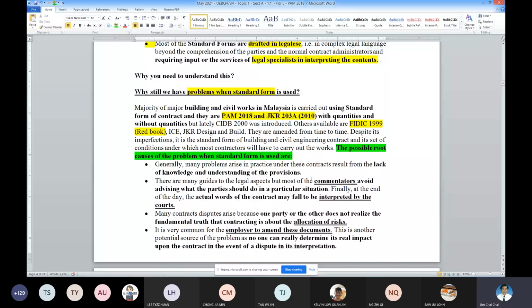So what happened? Also, until now, you cannot see the screen share. Can you see the screen share? A lot of you, who still cannot see the screen share?